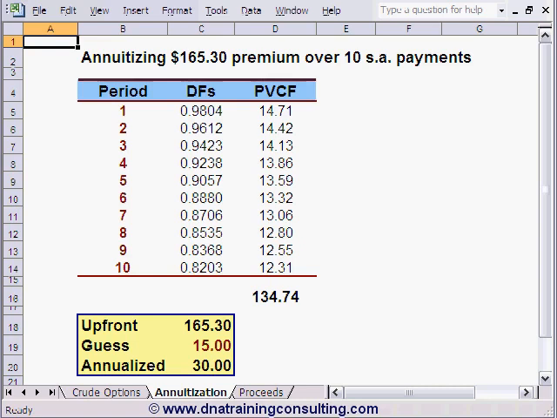We set in cell C19 a guess of $15 for each cash flow in the annuity.